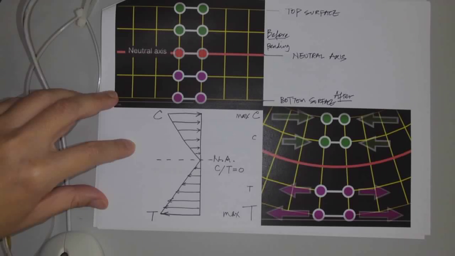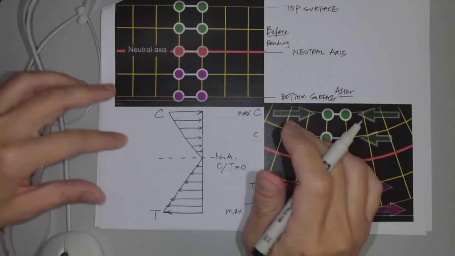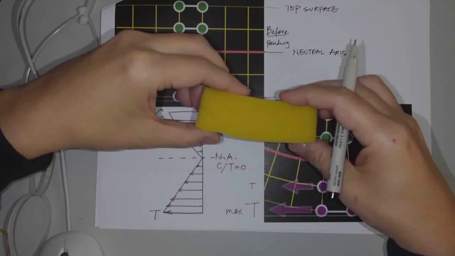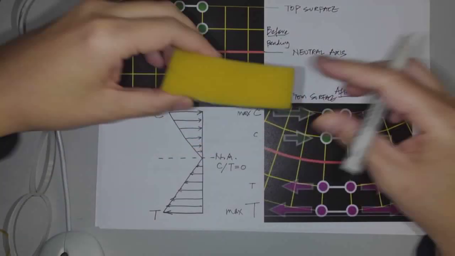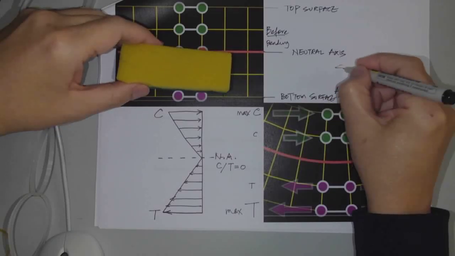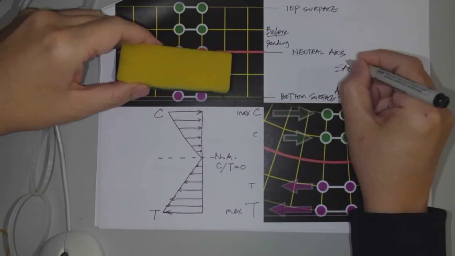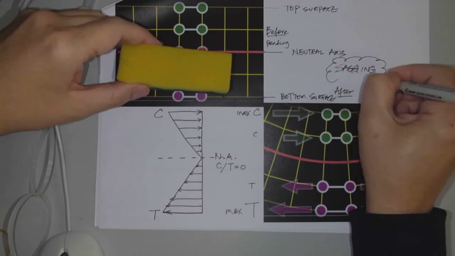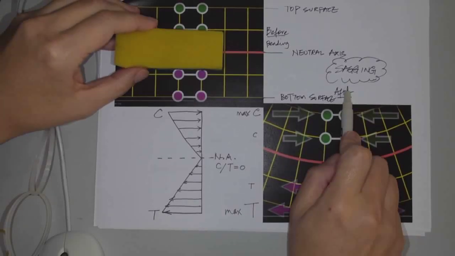Okay? Right, so what's next? By the way, bear in mind, this beam is now under sagging. So I should put a word here. My beam is now under sagging.